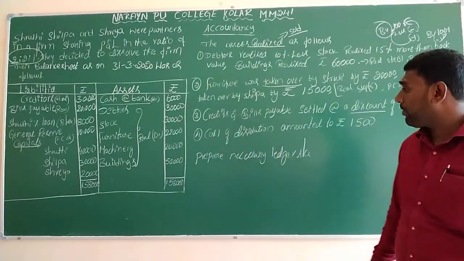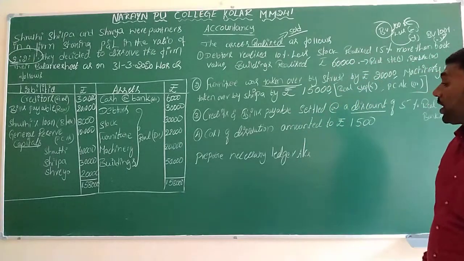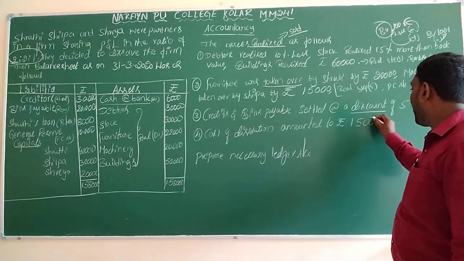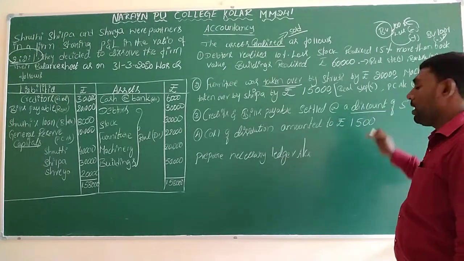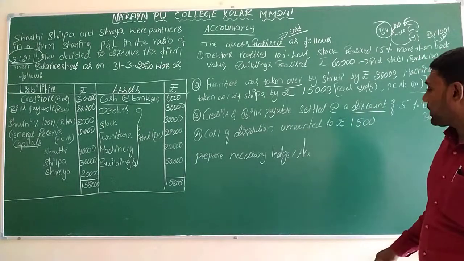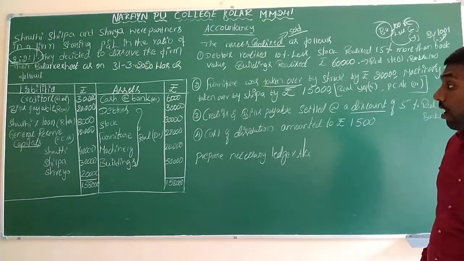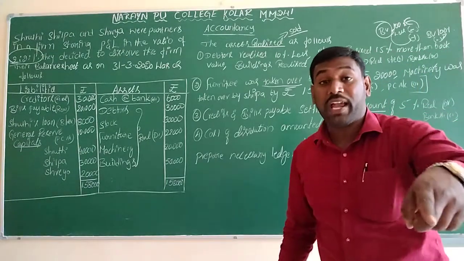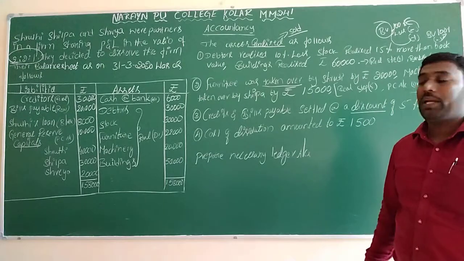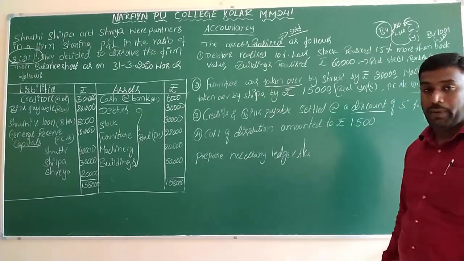And adjustment number 4 says cost of dissolution amounted to rupees 1500 is given. So here the cost, who is going to pay, that we have to clarify. Here the cost of dissolution will be paid by the company on behalf of the partners.